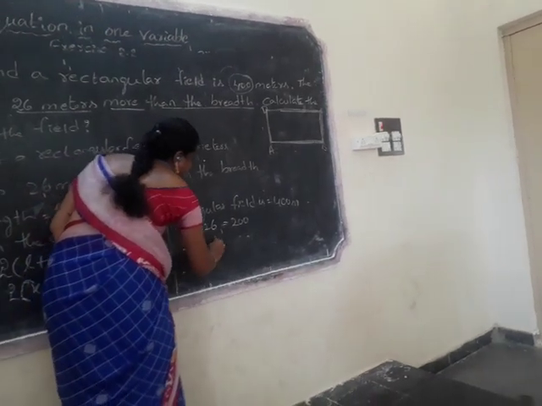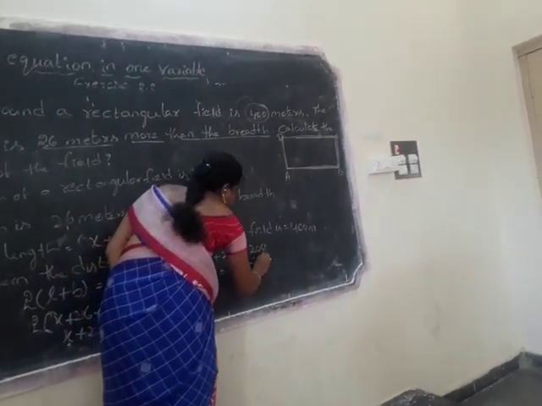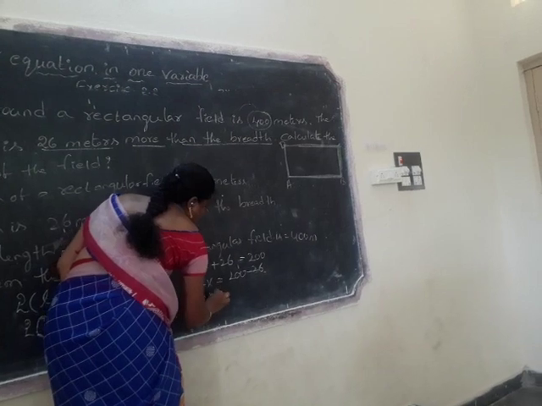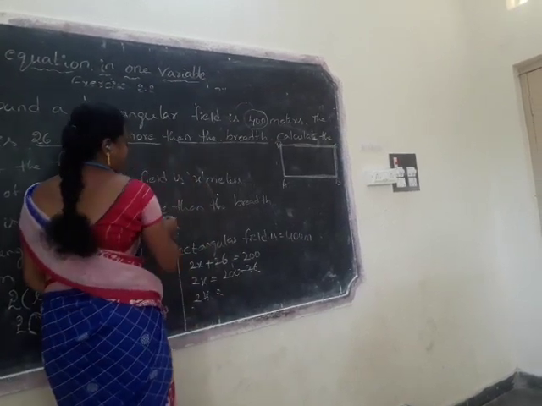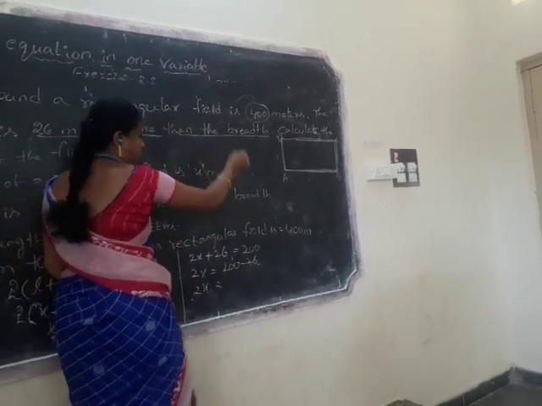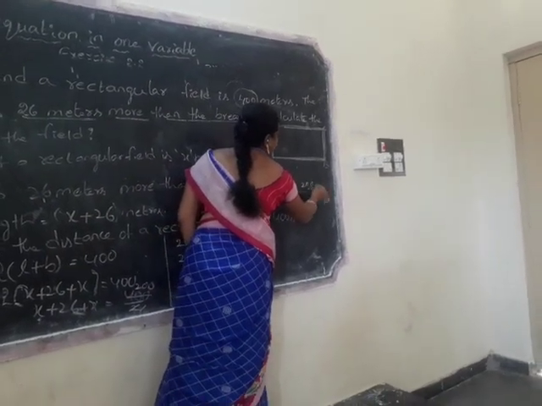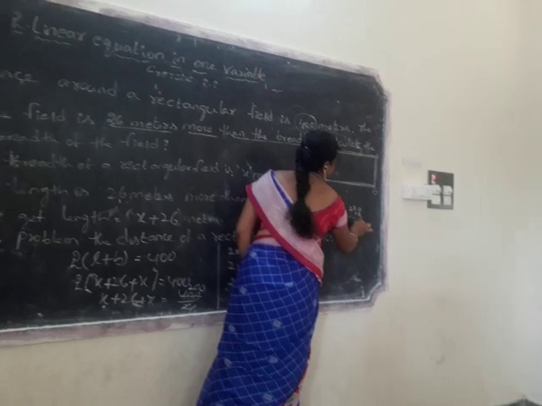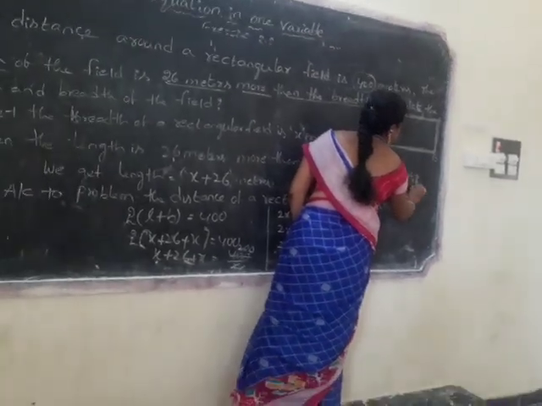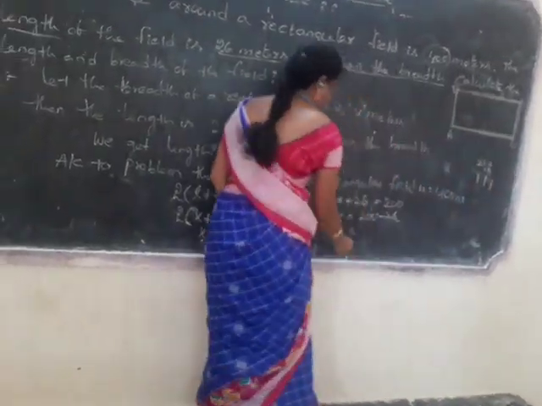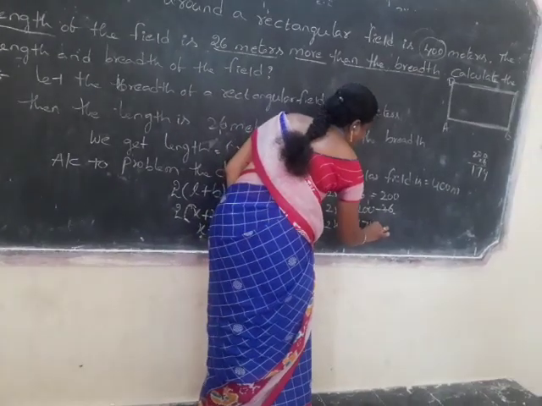2x plus 26, transposes to minus 26. 2x equals 26 subtracted from 200, that is 174.